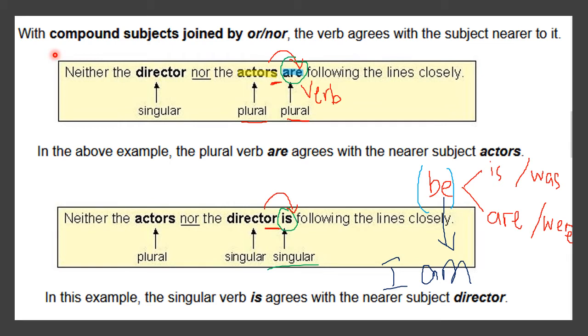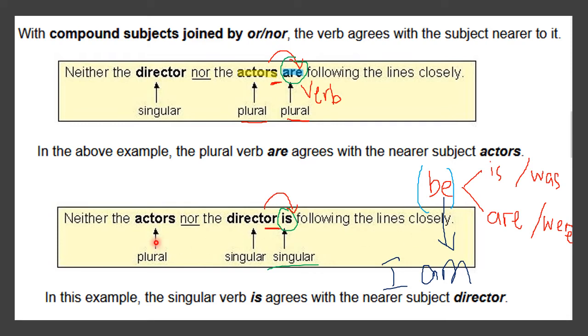With a compound subject joined by "or" or "nor," the verb agrees with the subject nearer to it. For example, neither the director nor the actors are following the lines closely. So "actors," plural, "are," because it's connected by "nor." Neither the actors nor the director, singular, is following the lines closely.